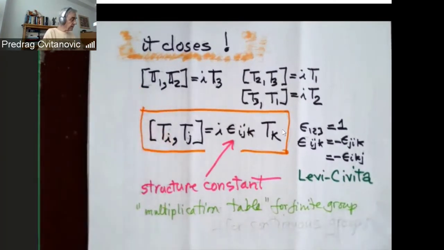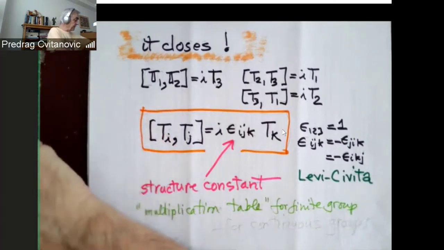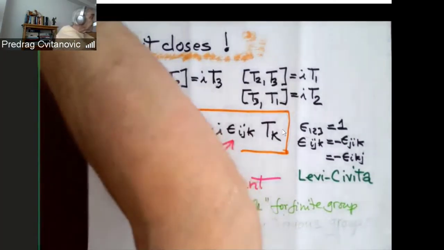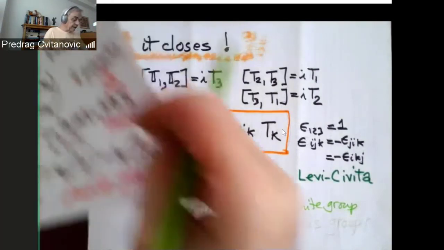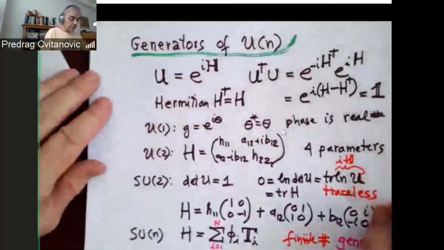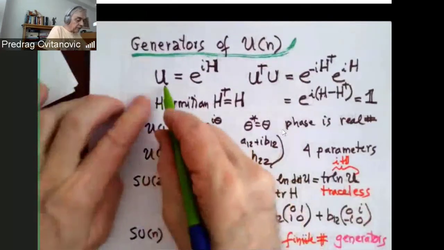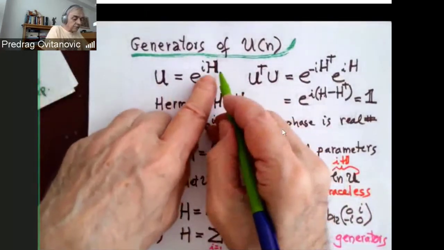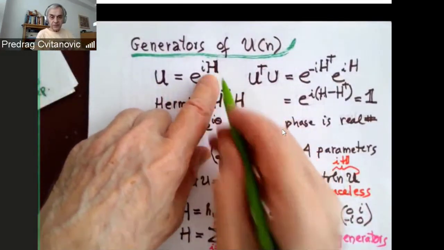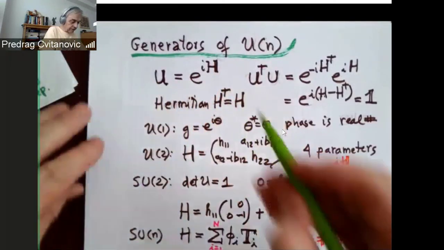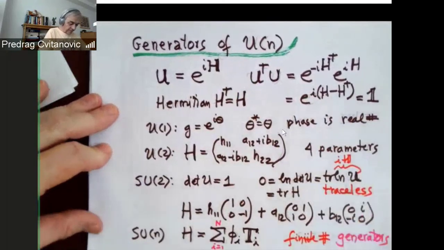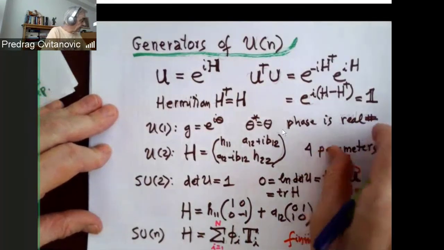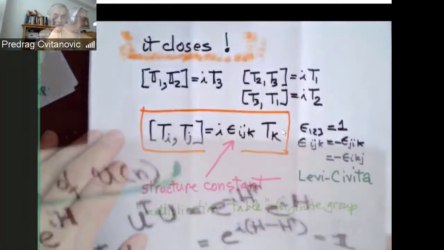But because of the exponentiating stuff, let me remind you what generators of unitary groups were. And this is a subgroup of unitary group. Instead of studying group, we studied E to the matrix H, and that had natural decomposition in a basis in terms of generators, this thing here. You're now at a special case of that.